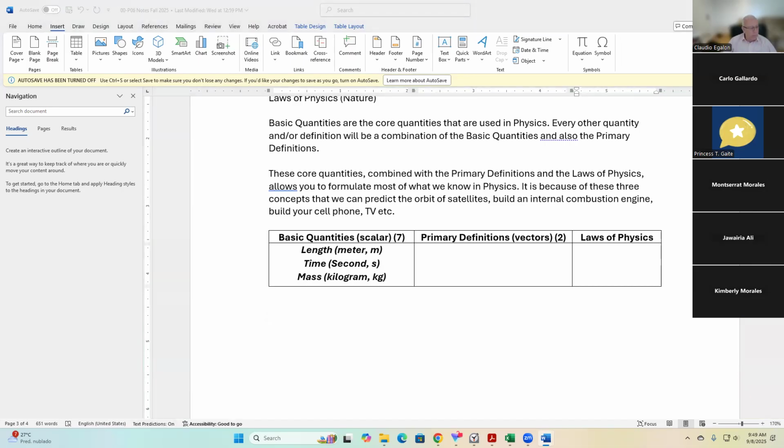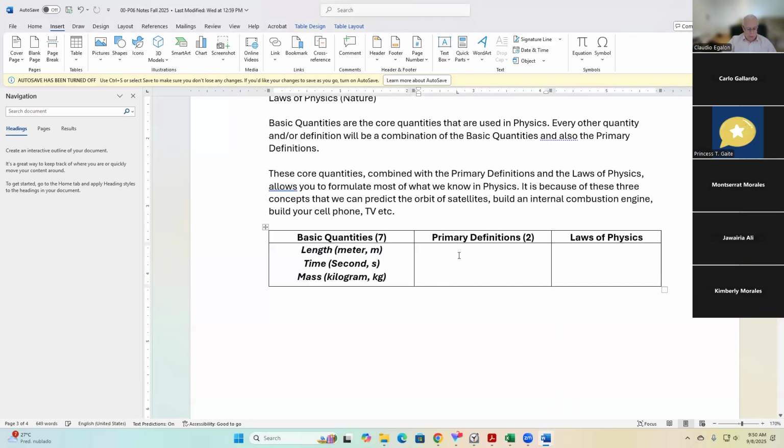We're going to talk about vectors later on, so let's not worry about vectors and scalars for now. Just as a future reference, to distinguish the primary definitions from the basic quantities: the basic quantities are scalars, and the primary definitions are vectors.